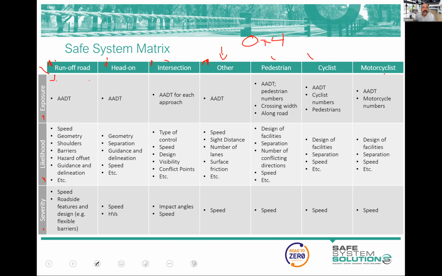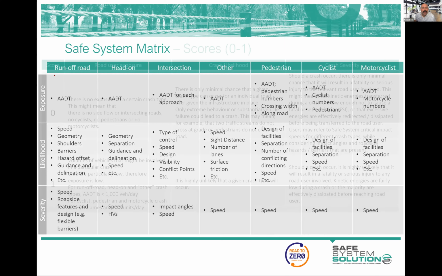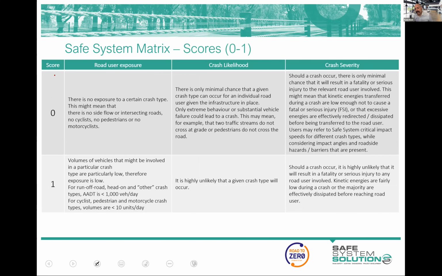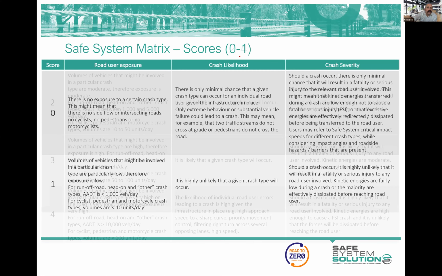Well, we go to the scoring reference sheet. This is a recreation of the scoring reference sheet, same words, a little bit different formatting. We see the score, 0, 1, 2, 3, 4, and we see exposure, likelihood, and severity.